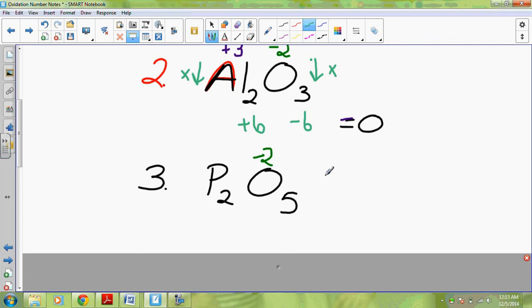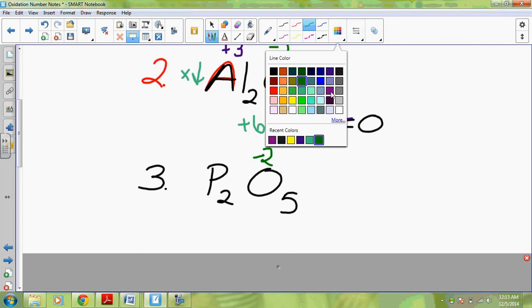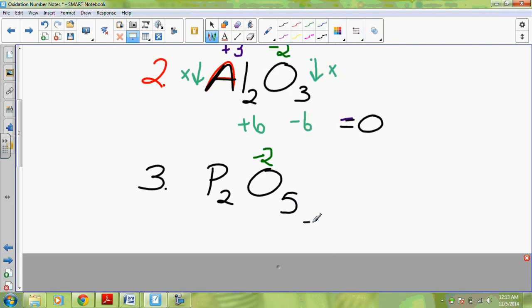Once again, since this is a neutral compound, we set the bottom to 0. So when we do the math, it's all going to equal 0. When we go down, once again, we multiply. So -2 times 5.